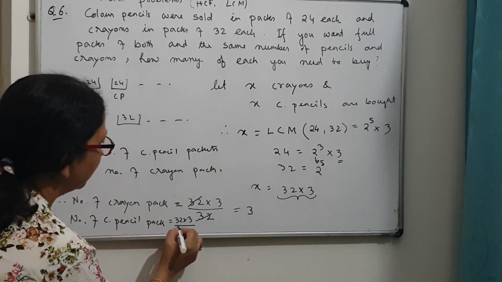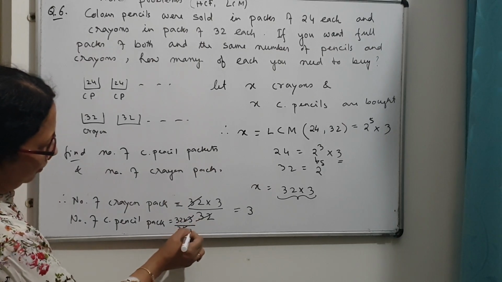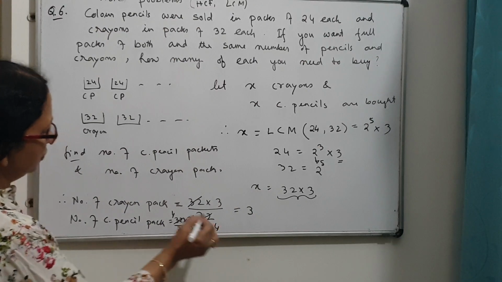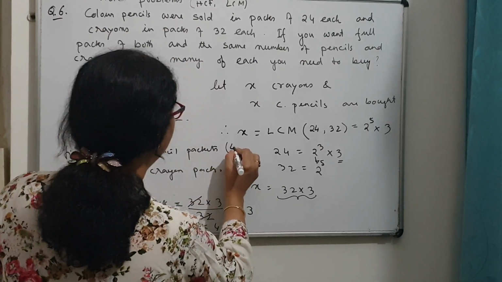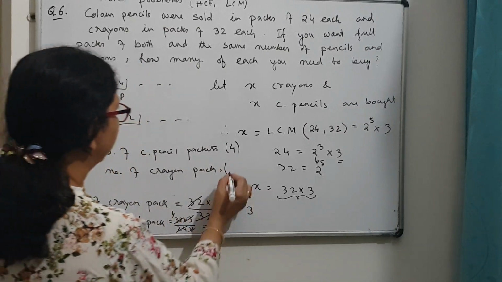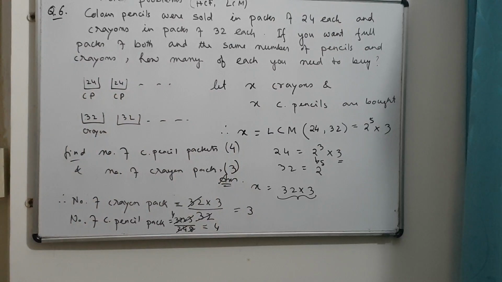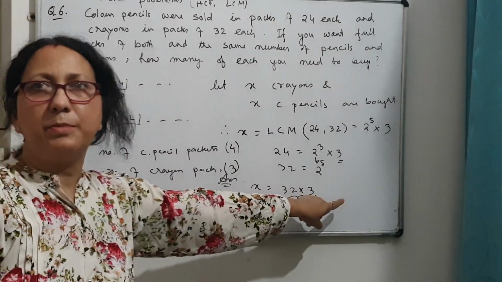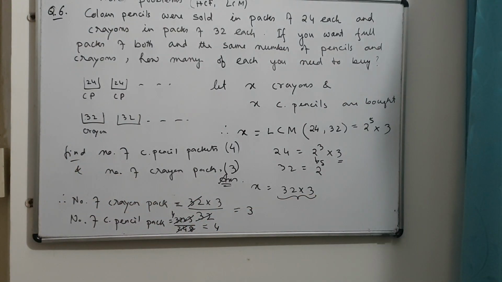So divide by 24. 3 eights are 24 and 8 fours are 32. So it is 4. So the answers are like this: number of color pencil packs is 4 and number of crayon packs is 3. These things you have to understand, and that's why don't multiply. That is the important point. We can save our time, we can save our labor, because they will get cancelled. Okay, that's all.